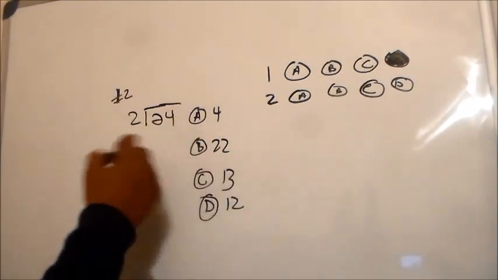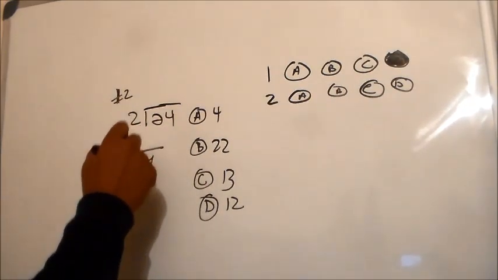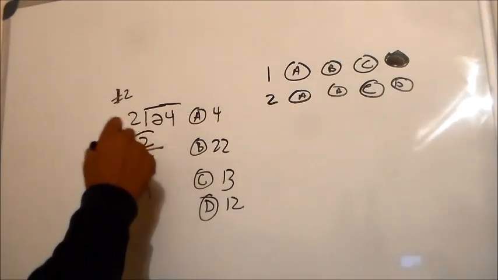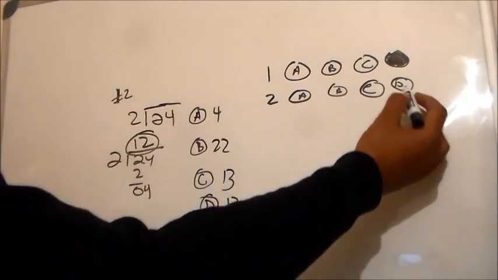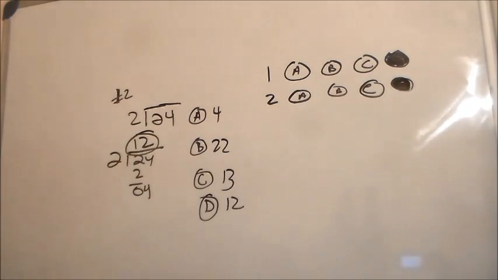By hand we work this out: 2 goes into 2 one time, 2 goes into 4 twice. Our answer is 12, which is D. Then we go to the corresponding circle with the number 2 pencil and fill that out.